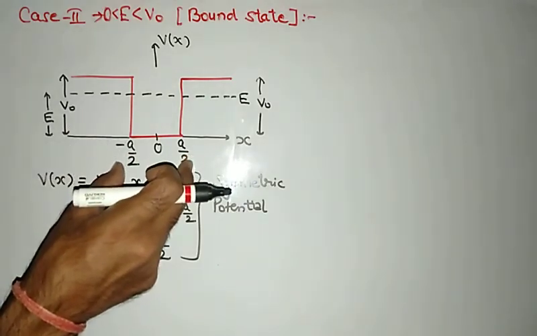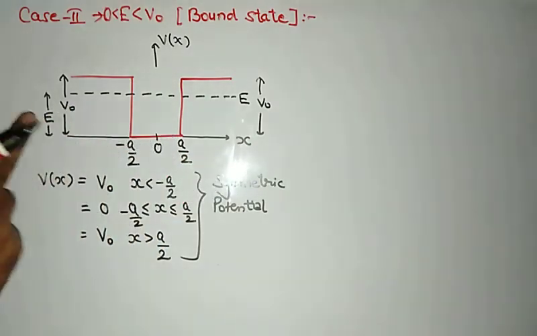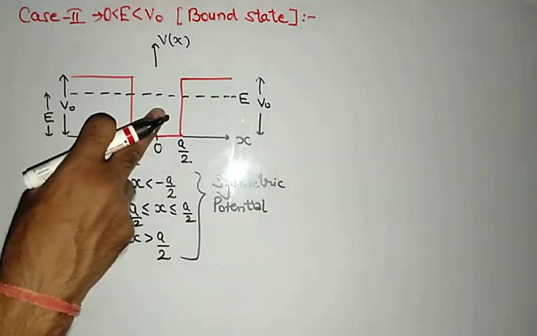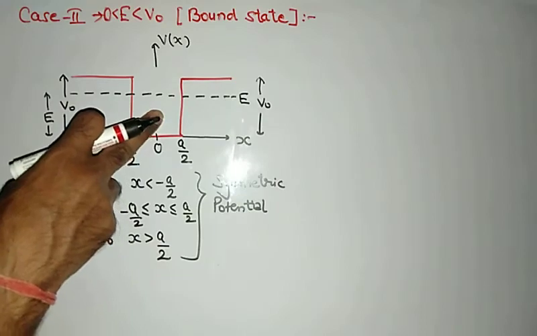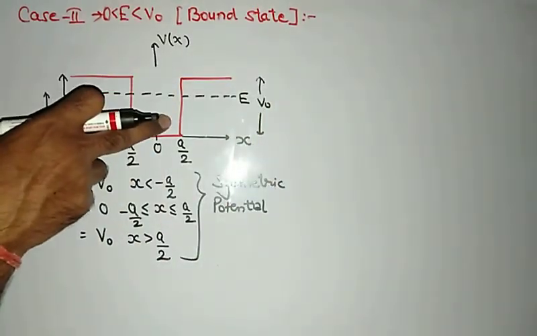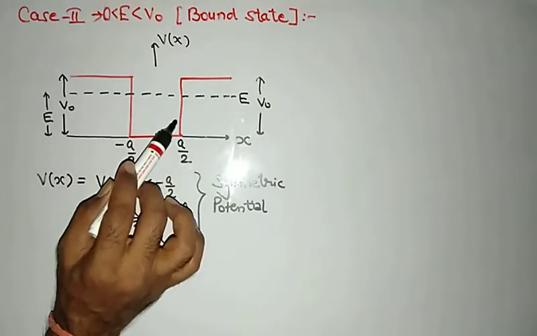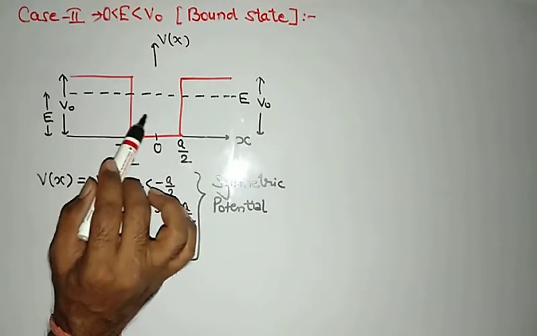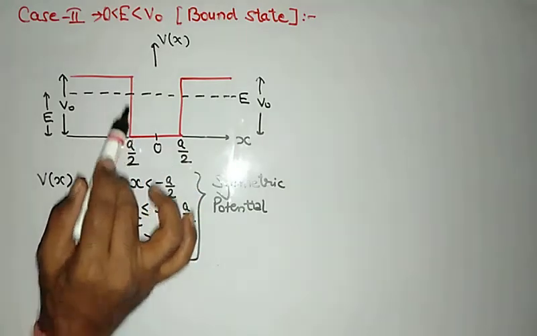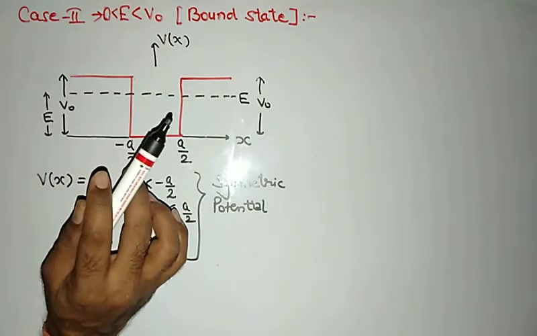In this region, because when energy is lesser it will move here, but after moving here this height is greater and this energy is lesser, so this particle will not cross this region. And again when it comes here, energy is E but height is V naught, it will again not cross this region also.